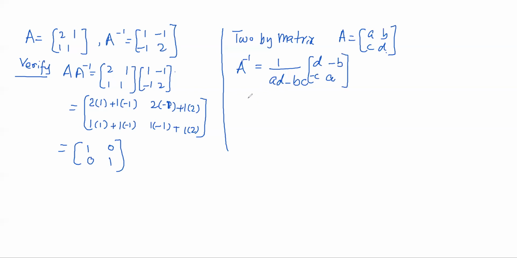Okay, so if we apply this formula on this matrix, or maybe on the inverse, we can get the other one. For example, if I want to find A inverse, what is AD minus BC?